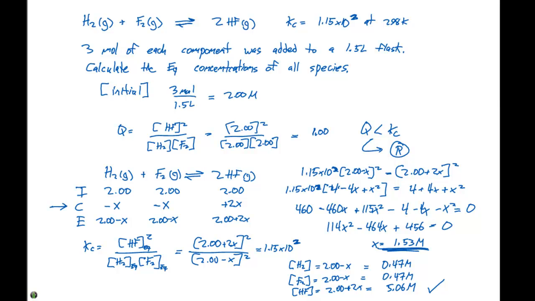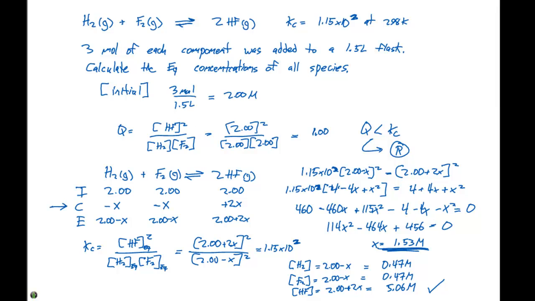So when we look at a particular problem like this, to recap everything, we need to first determine the initial concentrations of all the species present. Then we have to compare Q and K to figure out which direction our equilibrium will shift. We set up an initial, change, equilibrium concentration table, or an ICE table, for the particular reaction. We then can solve for the equilibrium concentrations in terms of x, or how they would change. We plug those into our K expression.